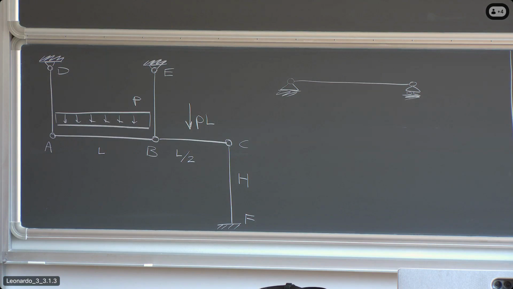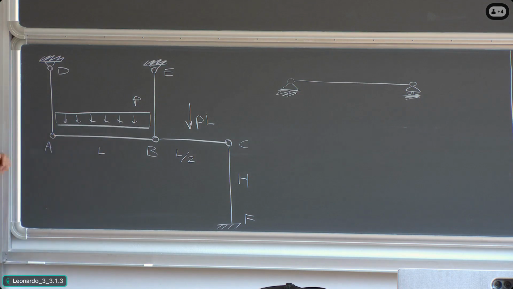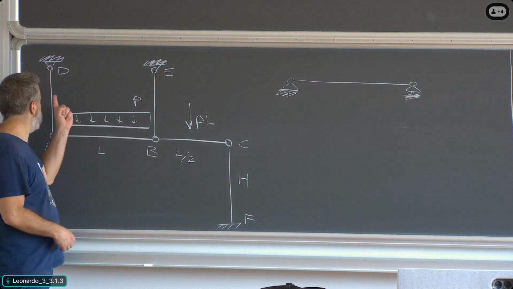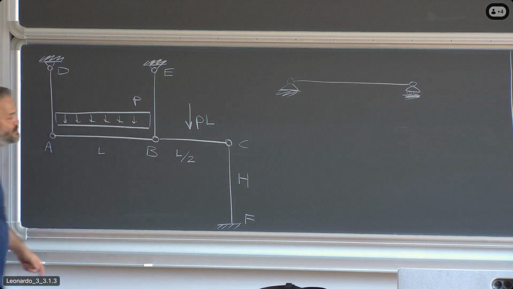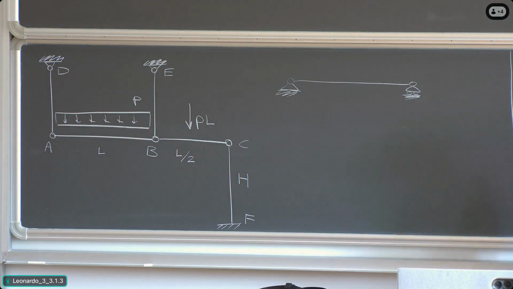So let's start by working out the reaction forces. How do we work out the reaction forces? If you have a frame like this, it is wise to move from one side to the other. Namely, what happens if AD is a truss member?